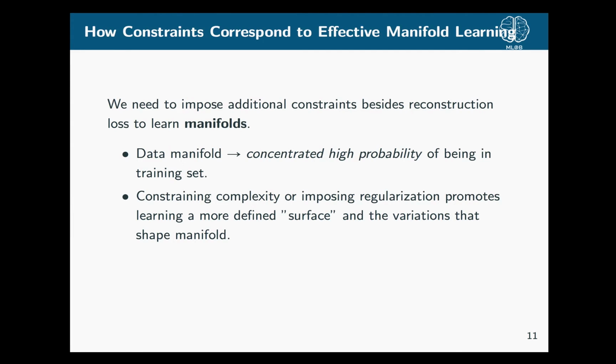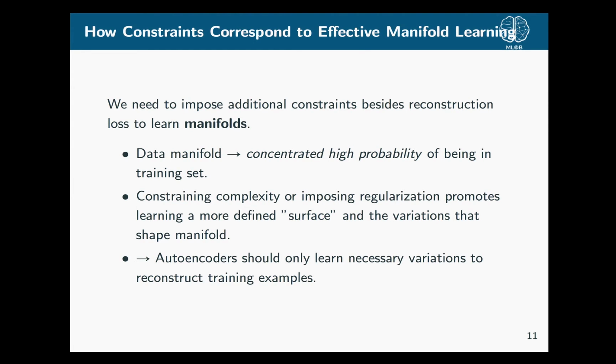And so we want to impose some constraints and some complexity on our autoencoder to actually try and learn something precise like a manifold. Because on a manifold, there are only some directions where data continues to exist, you want to learn those directions that explain the actual variations in the data.